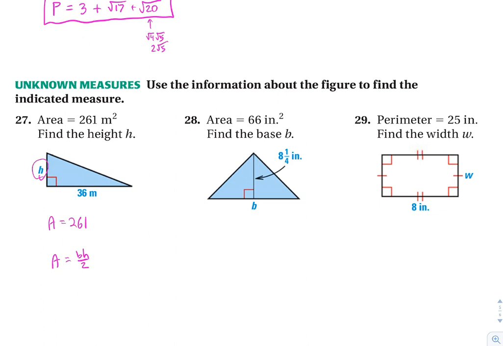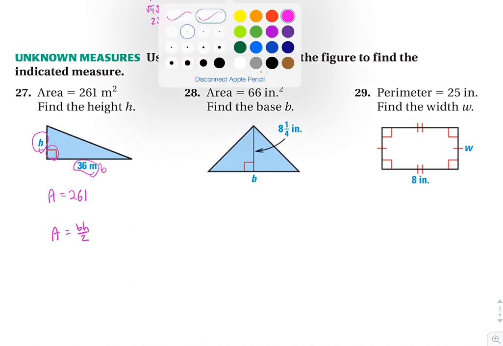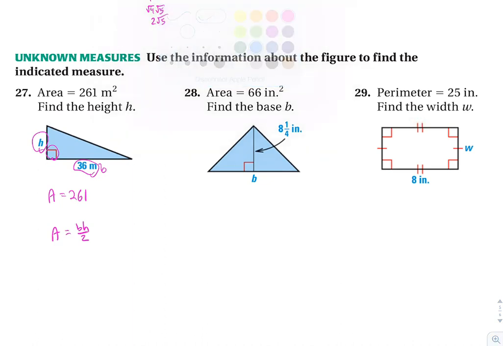Now, here's my height, perpendicular to a base. So I have all of the information except for the height. And I have the relationship, so I could just plug in an area of 261 is equal to my base, 36, times my unknown height, all divided by 2, and work backwards to solve.